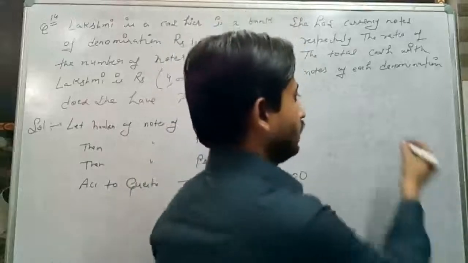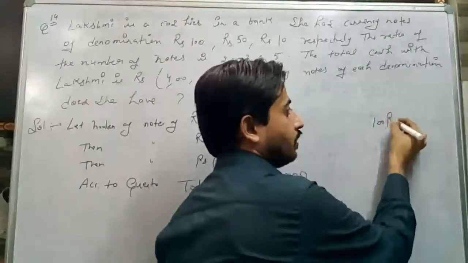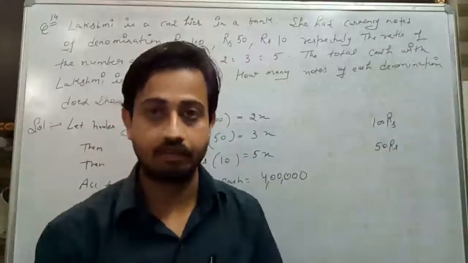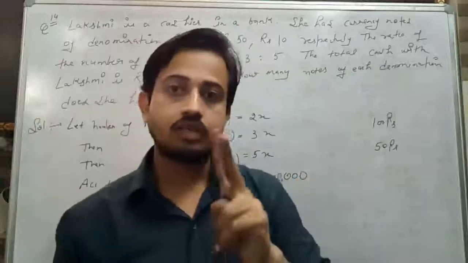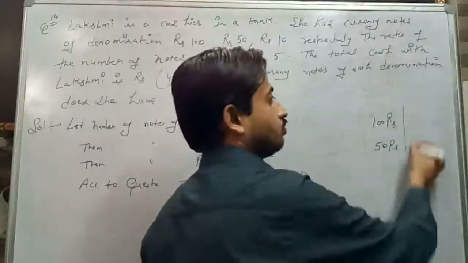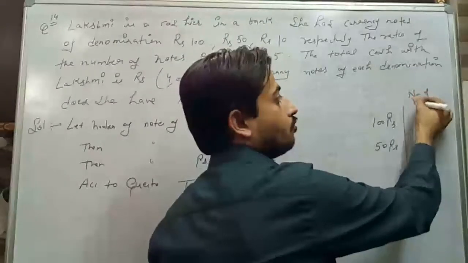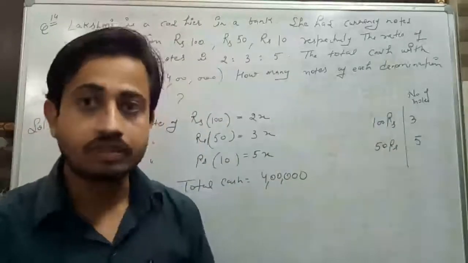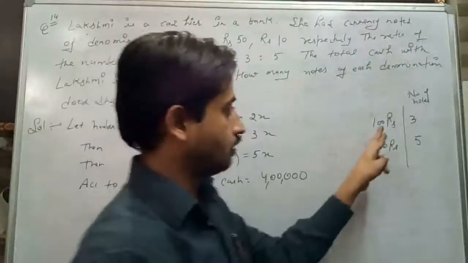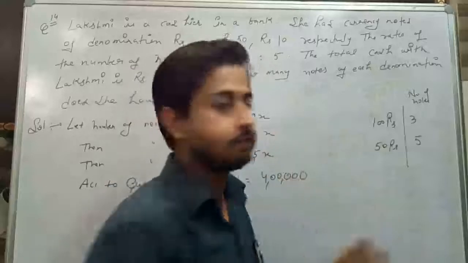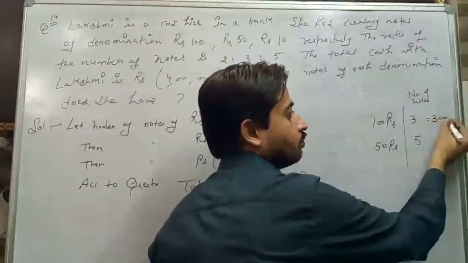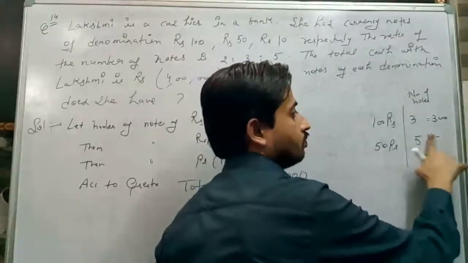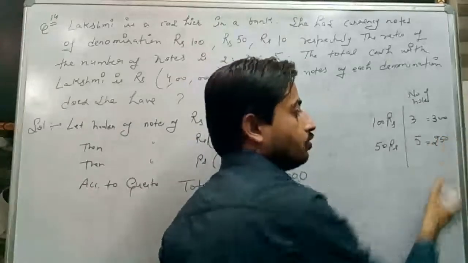Now what's the total cash? Again I revise the concept. If I have 3 notes of 100 rupees and 5 notes of 50 rupees, then what total money do I have? 100 has 3 notes, so 100 into 3 is 300 rupees, and 50 into 5 is 250 rupees.